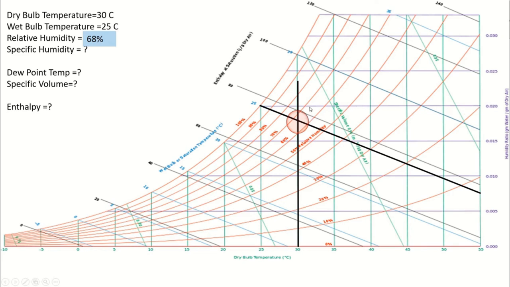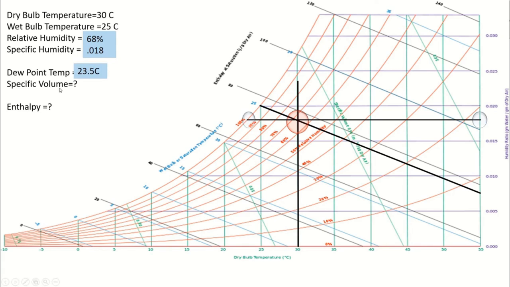So when I draw a horizontal line to the scale of humidity ratio, I can get the specific humidity. My specific humidity point is between 0.015 and 0.020, but it is nearest to 0.020, so my value is 0.018. For dew point temperature, as we have already discussed, draw a horizontal line from the point of intersection to the wet bulb temperature scale, so my dew point temperature is between 20 and 25, around 23.5.